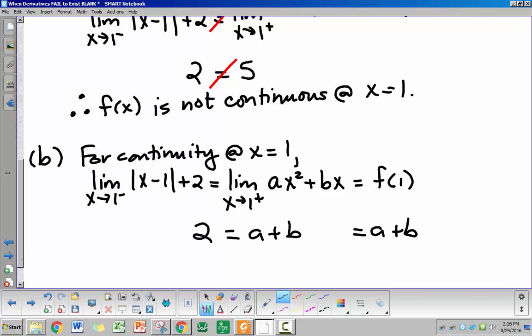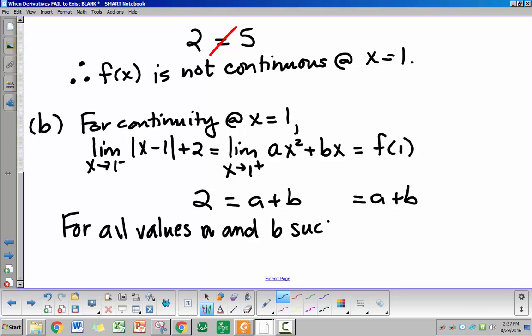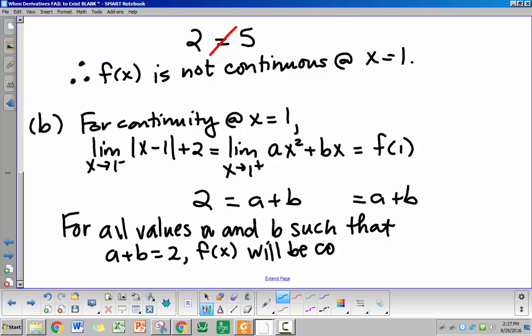So we can say that for all values a and b such that a plus b equals 2, f of x will be continuous. Is that all the values? That's all of them.